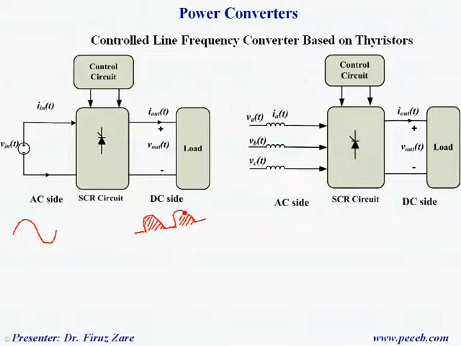But still I have to say that the system operates at low frequency. If the grid voltage is at 50 or 60 Hertz, again the switching happens at this frequency. Or in a three-phase system, again we do the same. We can control the output voltage by changing the firing angle.